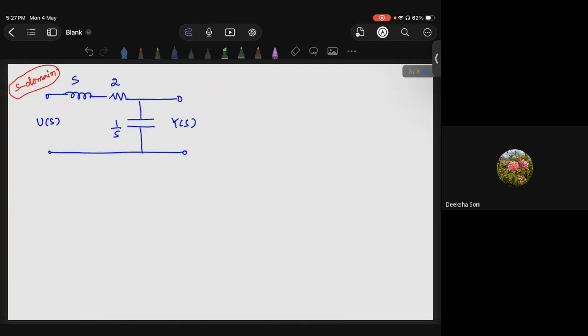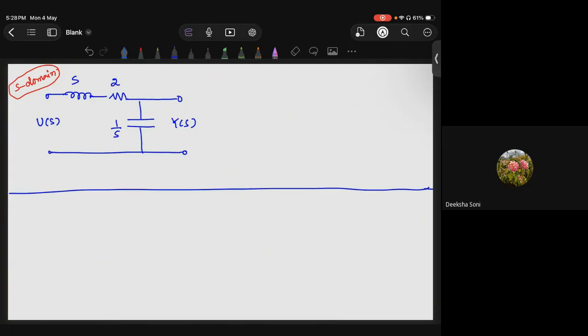This way, what have you tried? What are you trying to find here? Sir, I was basically stuck. I wrote u of t is equal to L di by dt plus r i plus y of t. Then I put the value of i, and I got the second order equation.